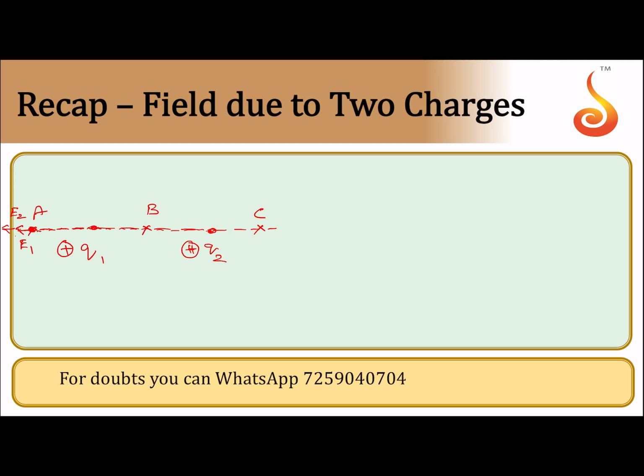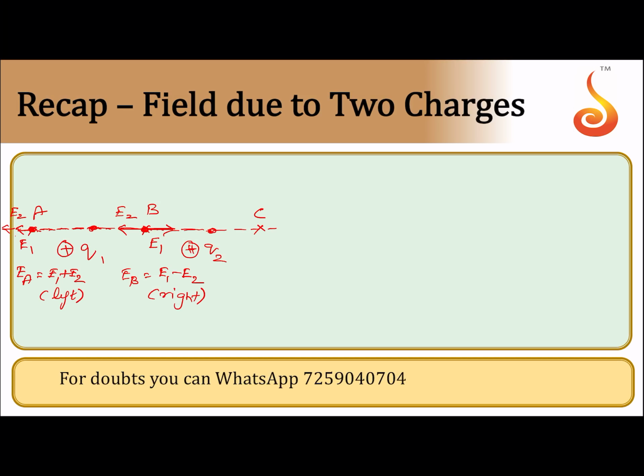If I take the point B, because of q1, the electric field will be to the right, this is E1, and because of q2, the electric field will be to the left, E2. So the net electric field at B will be E1 minus E2 to the right. And for A, the electric field will be E1 plus E2, but to the left.